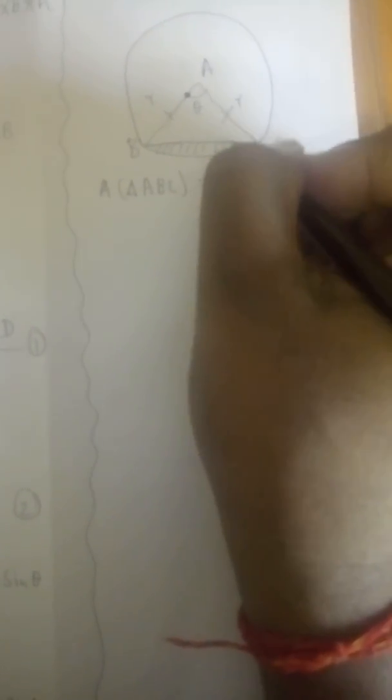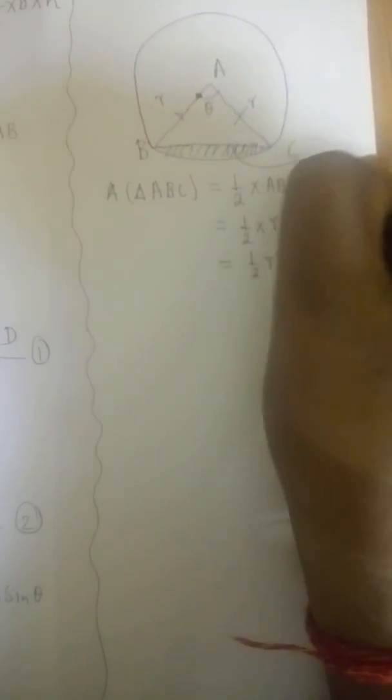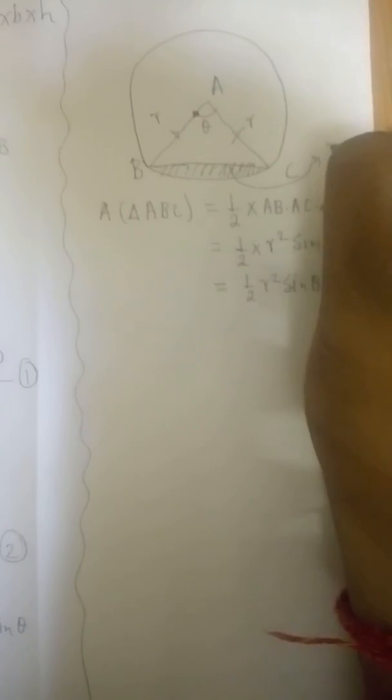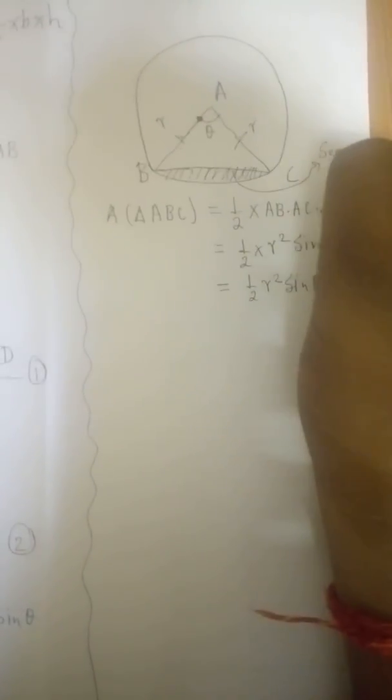Now moving further, let's talk about the area of this part. This part is the shaded part, and we call it a segment. In the last video, session number 1, I already explained the area of sector. Here we need to find the area of segment.